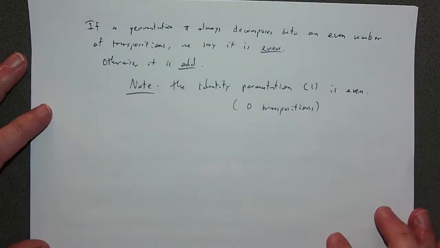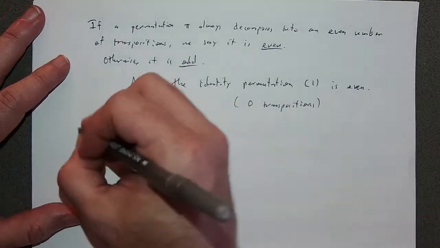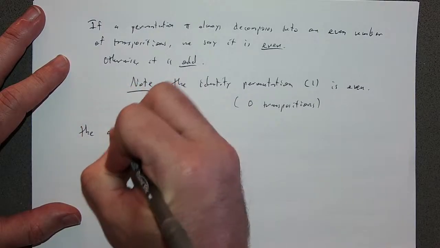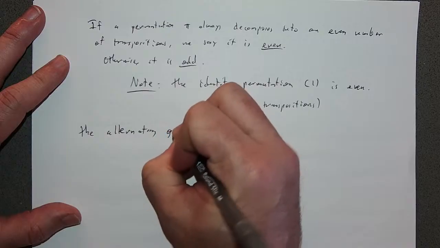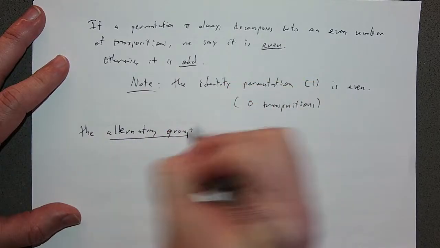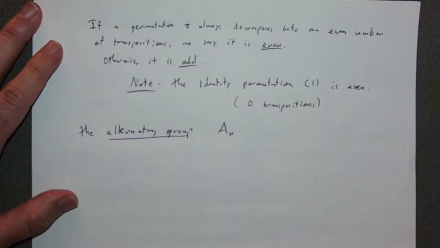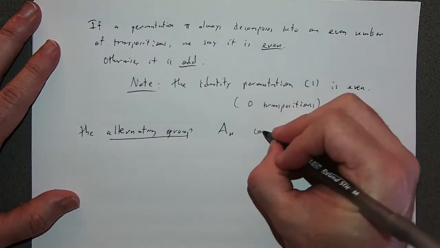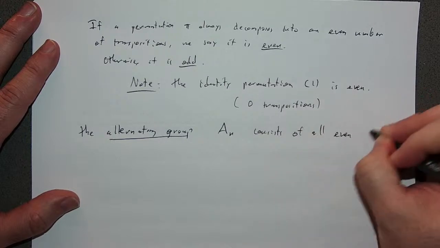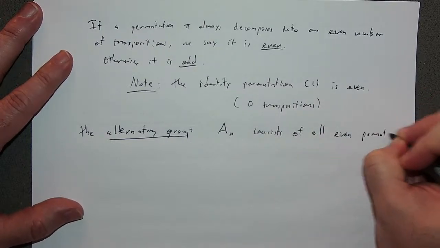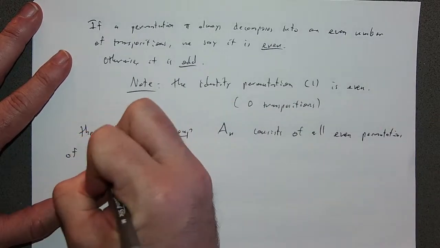This allows us to define this last named special group that I wanted to talk about, which is the alternating group. The alternating group A sub n consists of the even permutations of S sub n. All even permutations of S sub n.